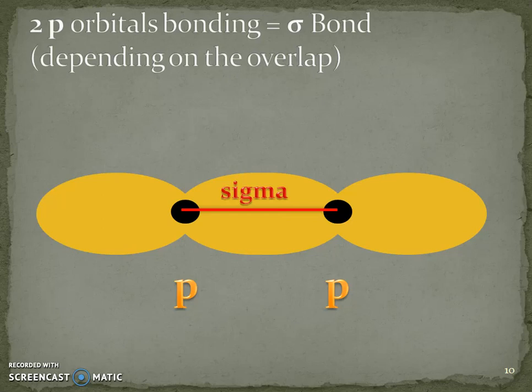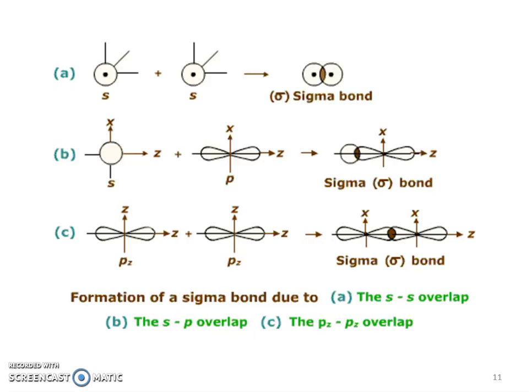Again, where that overlap occurs between those two p orbitals coming together to make a bond is labeled as a sigma bond. So these are all three of them showing you two s orbitals coming together, an s and a p, and two p's. These are all sigma bonds because of the overlap of those orbitals.